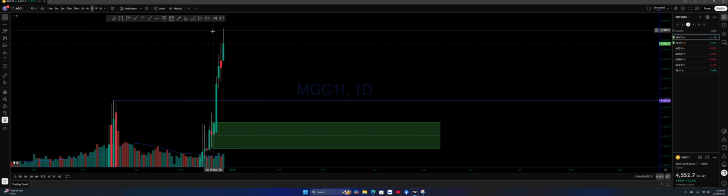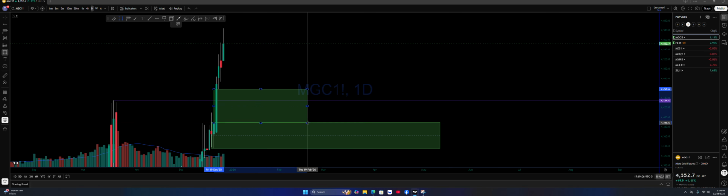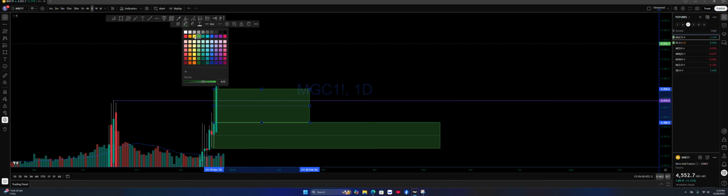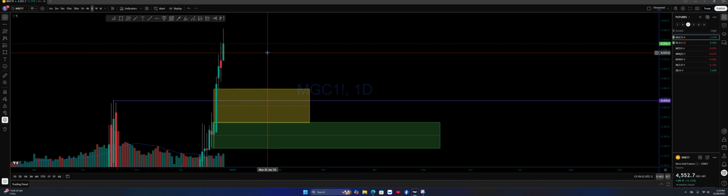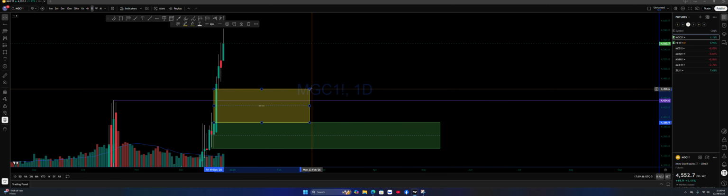And this daily fair value gap is a point of interest for me as well. So all of these will be highlighted, right? And I will change the color to make sure that they're not that hard to see. All right, and then put FVG.